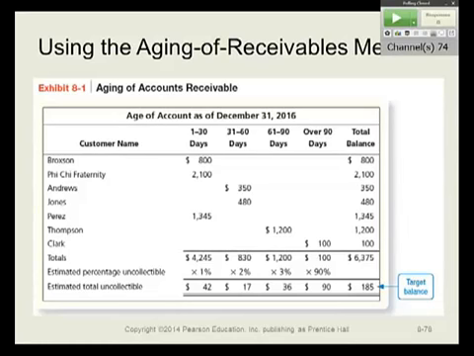So the first category is 1 to 30 days. Then once they're over 30 days past due, they fall into the second category, 31 to 60, and so on.